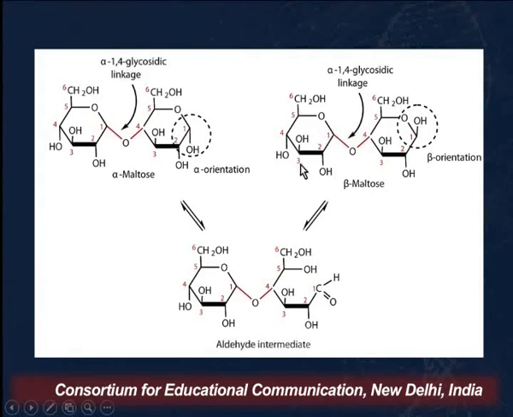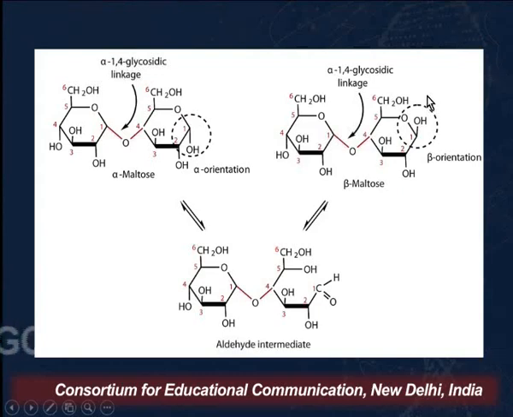Why so? Because please remember, here in the hemiacetal ring, the orientation of OH is downward. That is, the stereochemistry or the configuration at the anomeric carbon is that OH is pointing downwards. Since it is pointing downwards, it is known as alpha maltose, and in this case it is pointing upward, and since it is pointing upward, this molecule is known as beta maltose.